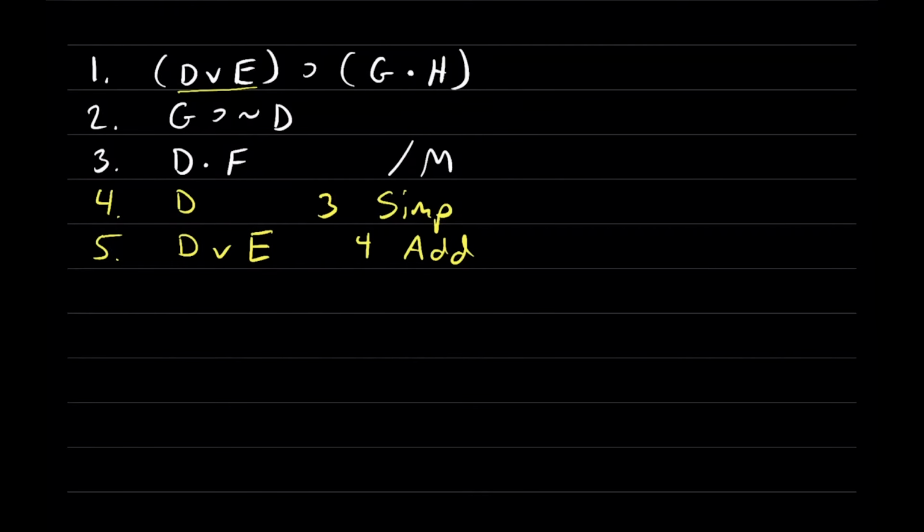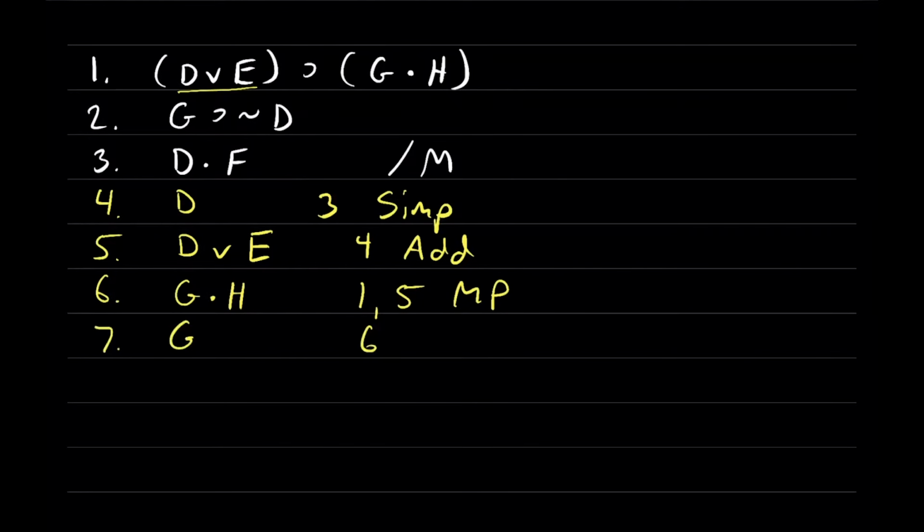Okay, once we have D or E, that's the antecedent of this conditional in line 1. That's why we added E onto D in the first place using addition. That's going to let us do modus ponens to get the consequent of that conditional, G and H, on its own line. And that will follow from line 1 and line 5 by modus ponens, MP. Well, now we have another conjunction on line 6, G and H. Well, if G and H is true, G has to be true.